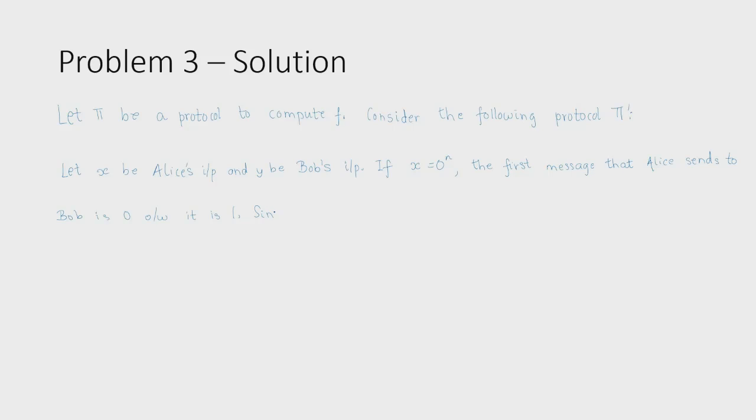Similarly, if y is 0 to the n, then the first message that Bob sends to Alice is 0. Otherwise, it is 1. So far one round of communication has happened. Alice has sent a message, Bob has sent a message.